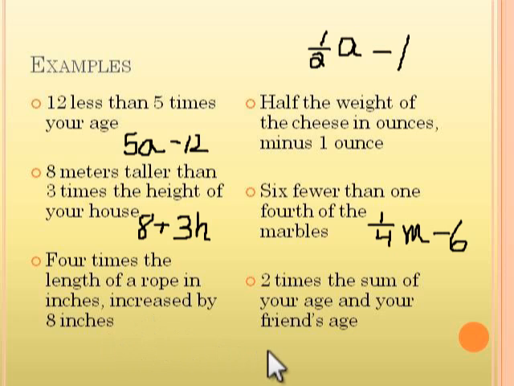Very good. 2 times the sum of your age and your friend's age. This one's a little bit different. There are 2 things that you don't know. Well, you do know how old you are, but in the given problem, you don't know who they're talking about. I want you to write down in your little packet what you think that's going to look like.